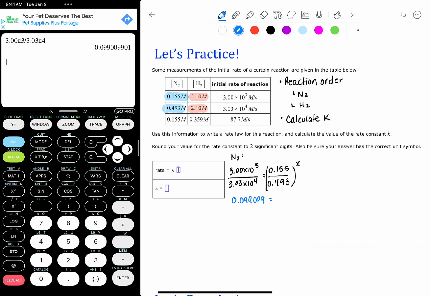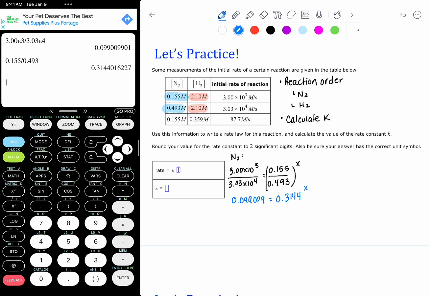Keep a few decimal places just to make sure. It helps make the finding of the reaction order a little bit easier, to make sure you're getting as close to a whole number as possible. And then we'll do 0.155 divided by 0.493. We get 0.3144 raised to the x.